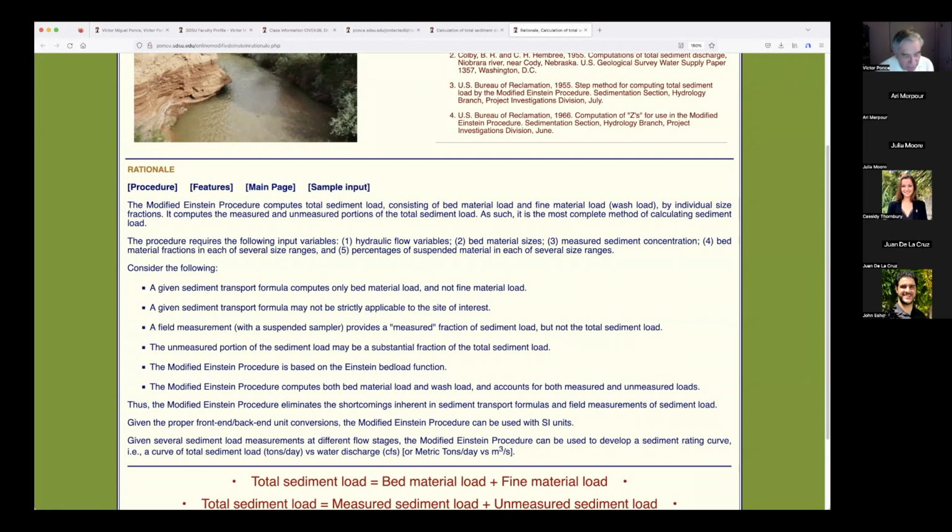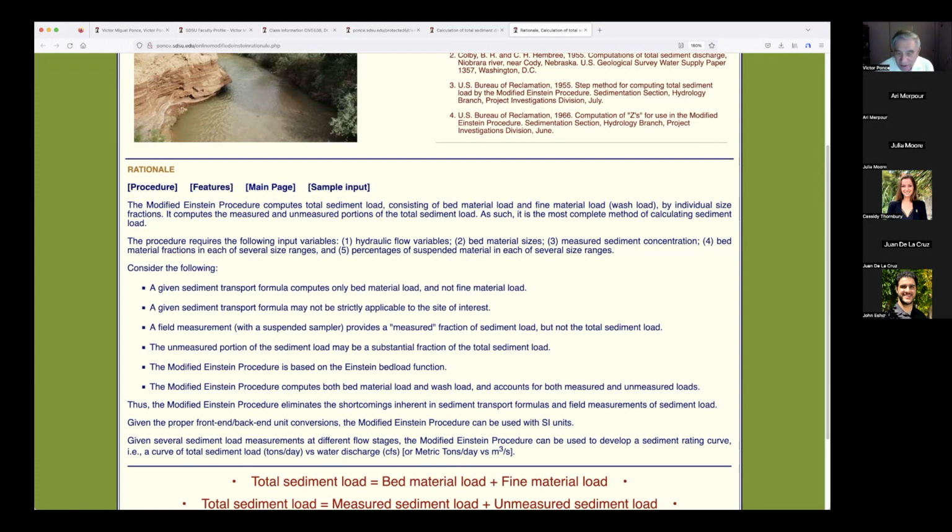Given the proper front end, back end conversions, the modified Einstein procedure can be used with SI units, because the method was developed with US customary units. But we have allowed the calculation in metric or SI units to be done. It's fairly straightforward. You don't have to change anything but the front end, back end.